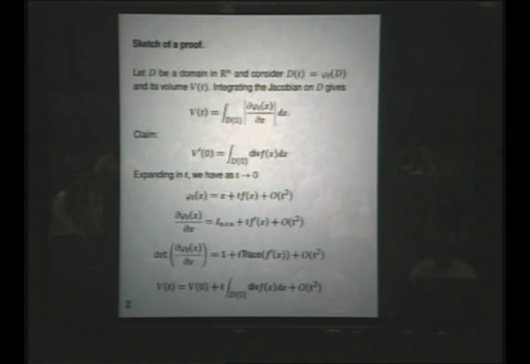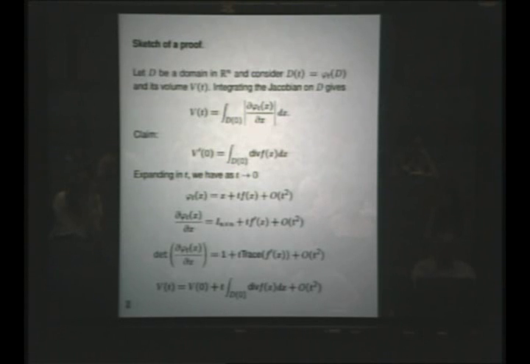For any entry of this f prime off the major diagonal, it is going to appear twice, and so you're going to have a higher order term. So the only terms involved in the first order in t here are those on the major diagonal.